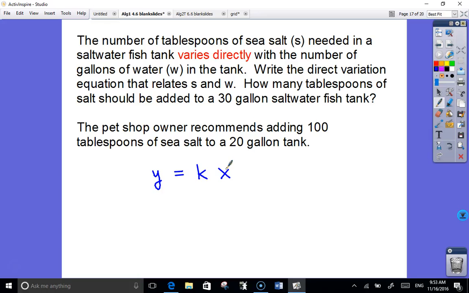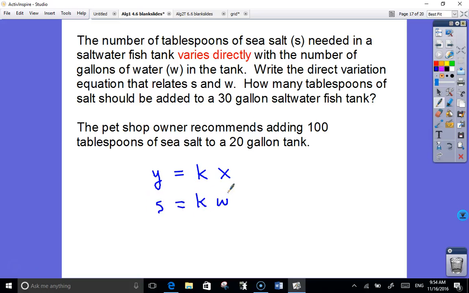Which one depends on the other? Does the amount of water you have in the tank depend on the amount of salt you put in? Or does the amount of salt depend on the amount of water in the tank? Salt depends on water, right? So y depends on x. So it should be the amount of salt equals whatever our constant is times the amount of water.